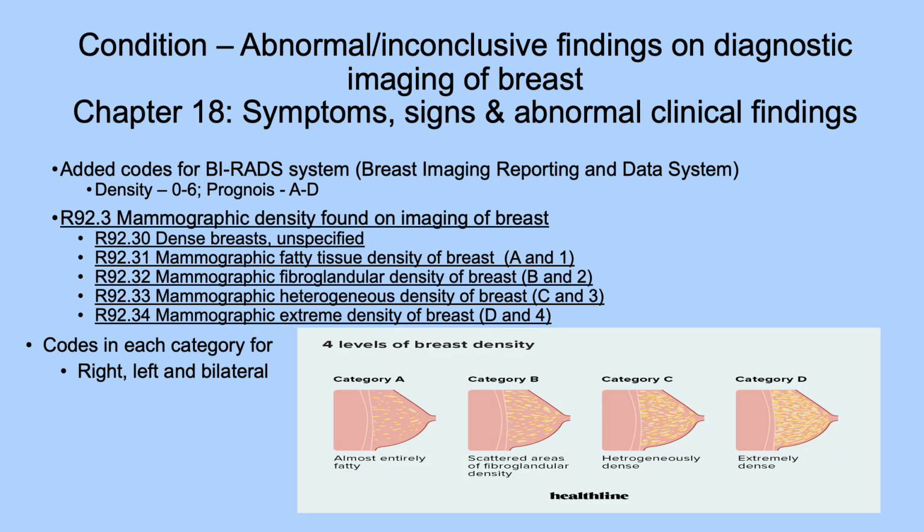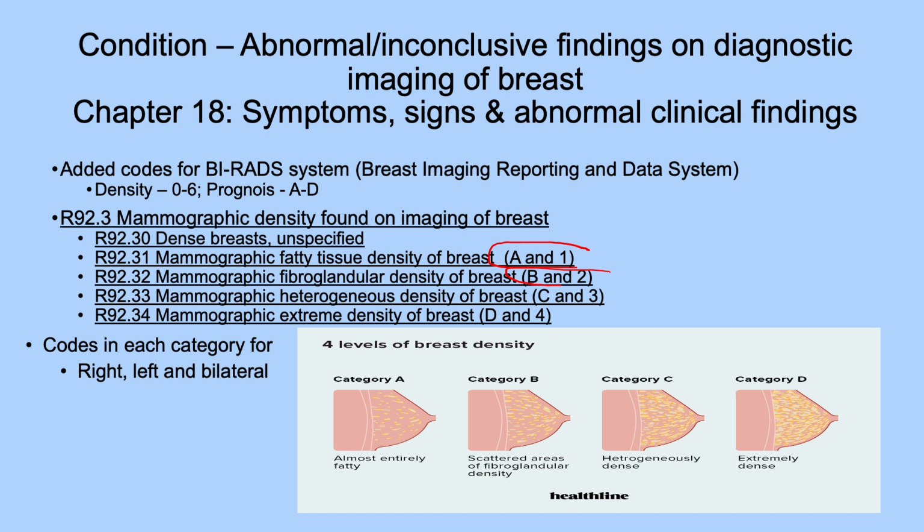Also added to chapter 18, and this is interesting, is mammographic density. There's a Breast Imaging Reporting and Data System that uses numbers. They're very specific about the density and the prognosis. So you can see in these codes, they have letters and numbers. The letters indicate the density.